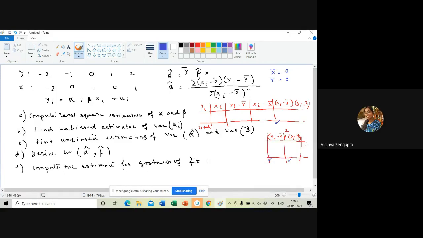Ma'am, beta hat is 1. Alpha hat is 0. Everyone, please do it because it's very simple data. This will be 6, this will be 6, this will be 10. And as some of your friends are telling, this value will be 0, and this estimator will be 1.